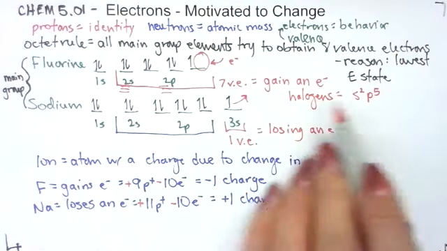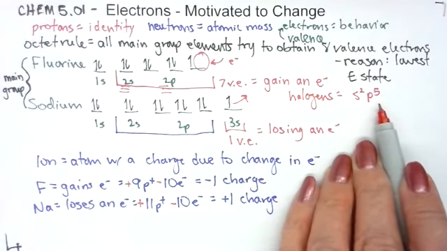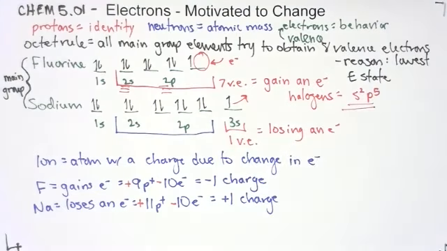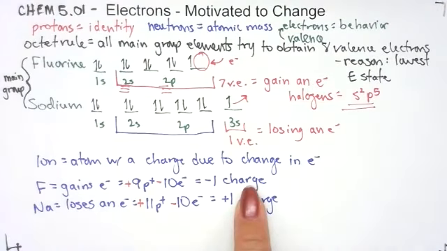So fluorine is 2s2, 2p5. Chlorine is 3s2, 3p5. But they all have this basic configuration. So that means that all the halogens are going to gain an electron, and all the halogens are going to have a -1 charge because their valence electron arrangement is the same.